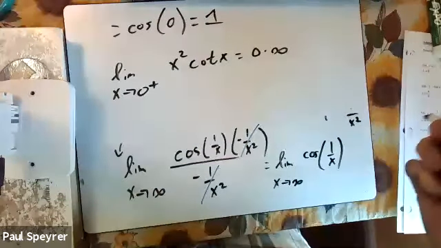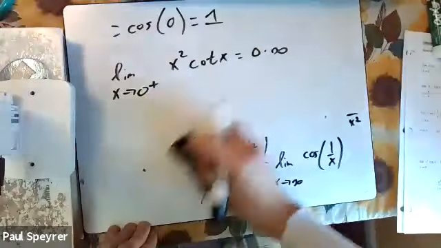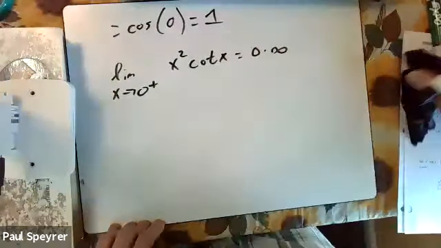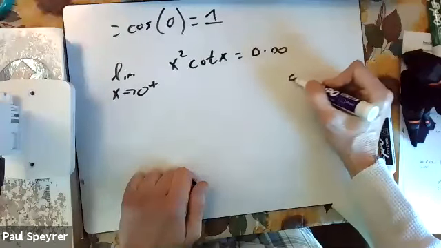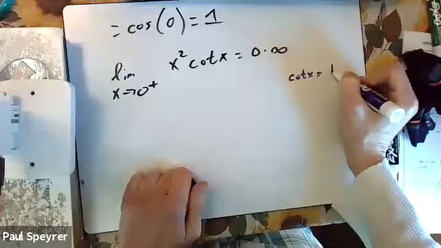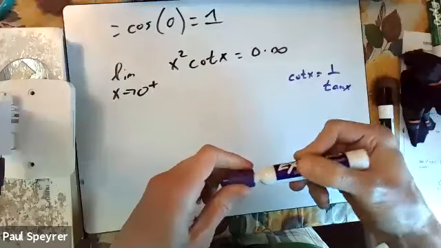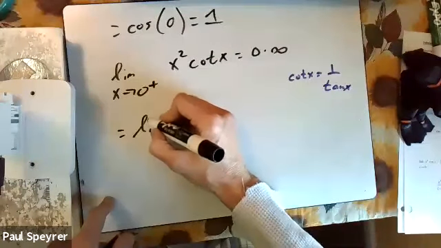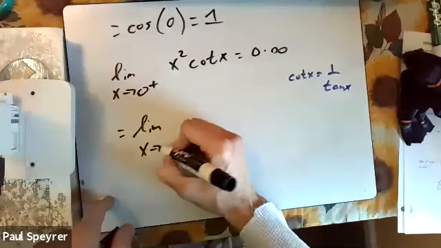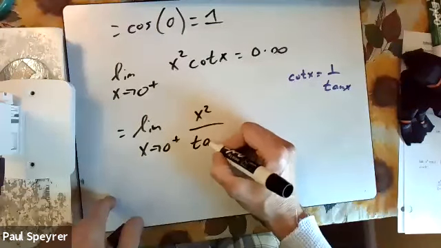I mean, you could flip the x squared, but in this case the cotangent is something nice to flip. Why? Because remember, cotangent of x is equal to 1 over tangent of x. So we could say this is just the limit as x approaches 0 from the right of x squared over tangent of x.